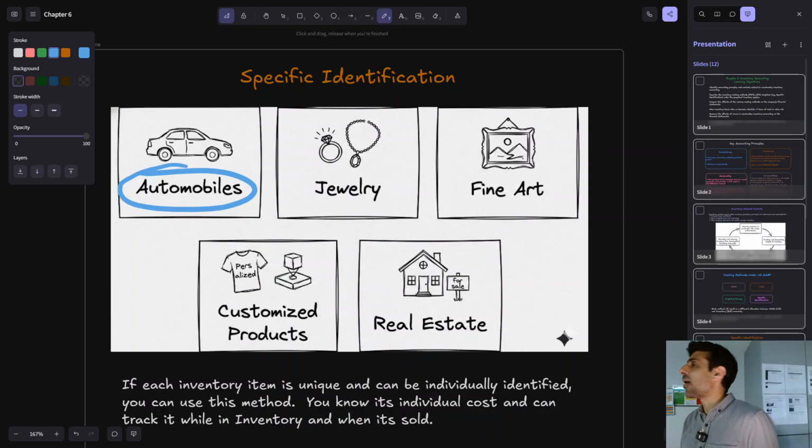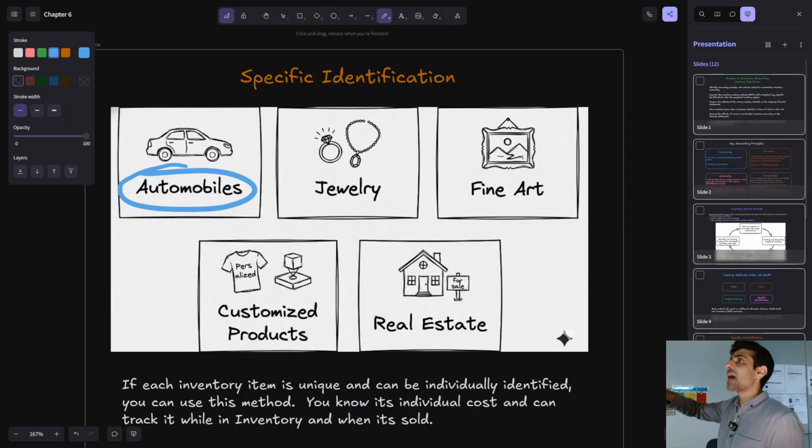Every car has a unique ID called a VIN, the vehicle identification number. So if you had 1,000 cars, you can track them individually, especially for Toyota or these automakers that are very good about their inventory management. You even know the cost of that exact car.